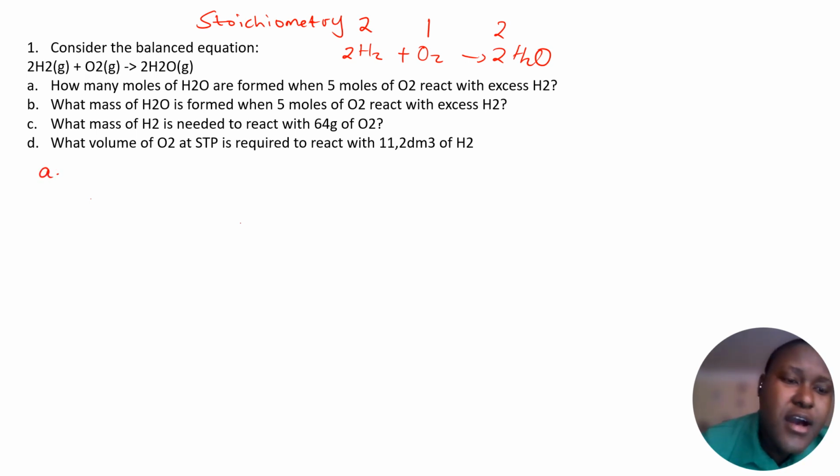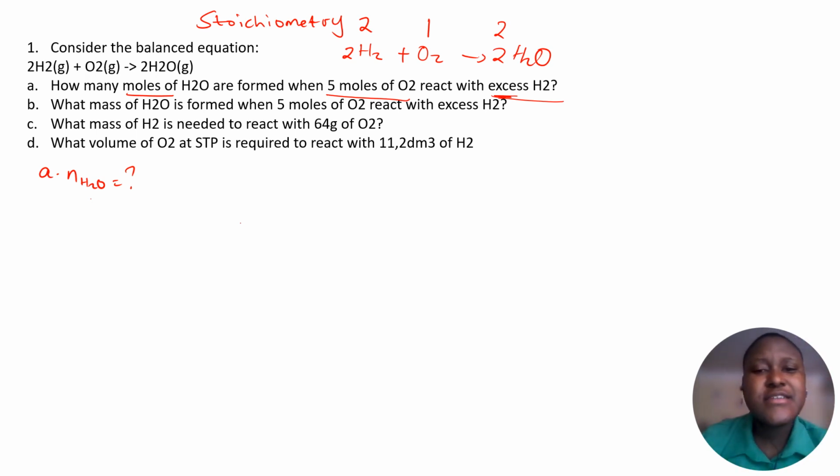They say, how many moles of H2O are formed when 5 moles of O2 react with excess H2. Remember for the grade 11s that I said if one of the reactants is in excess, you want to try and stay away from its number of moles if you want to compare the mole ratios.